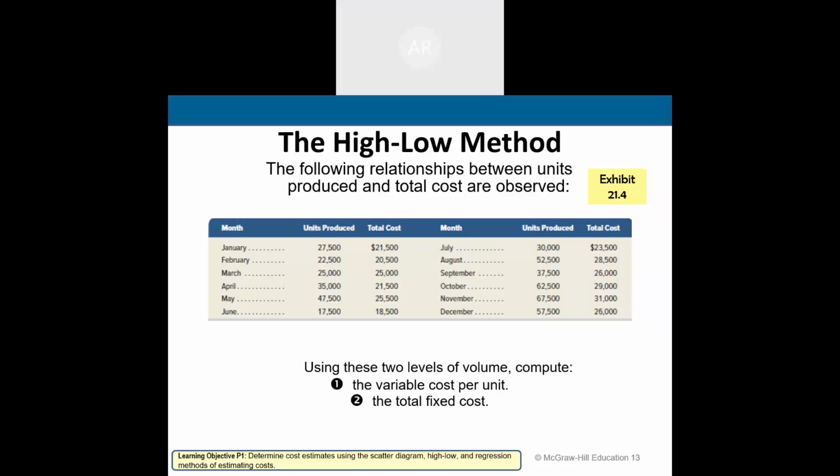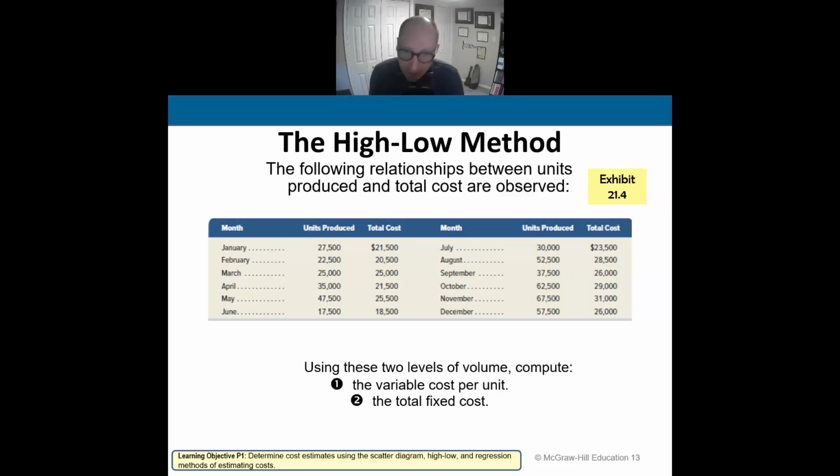November, 67,500, yes. So November had the highest number of units produced. November also looks like the highest total cost, right? 31,000. Yes, 31,000, highest total cost, highest number of units produced. That's probably my high month, November.